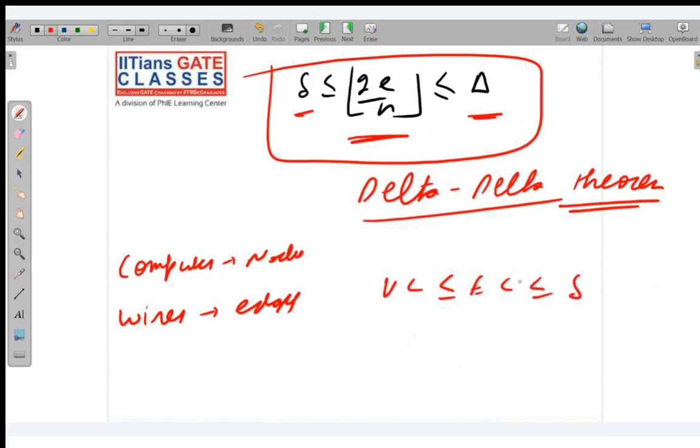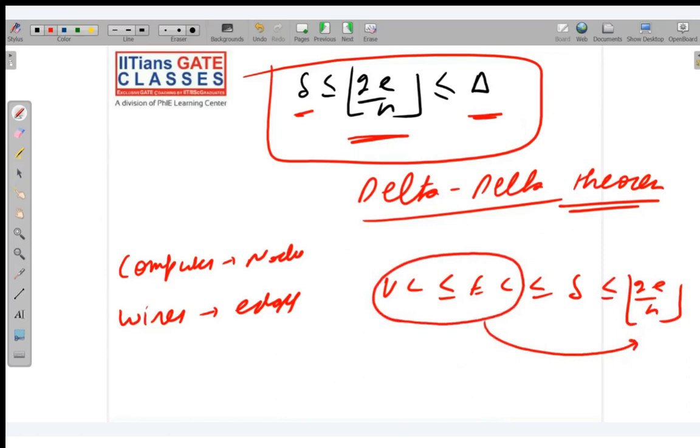Now the minimum degree is less than or equal to floor of 2e by n. So directly or indirectly, this will be less than this. So vertex connectivity is less than or equal to edge connectivity, which is less than or equal to 2e by n. So from here I can find the upper limit.